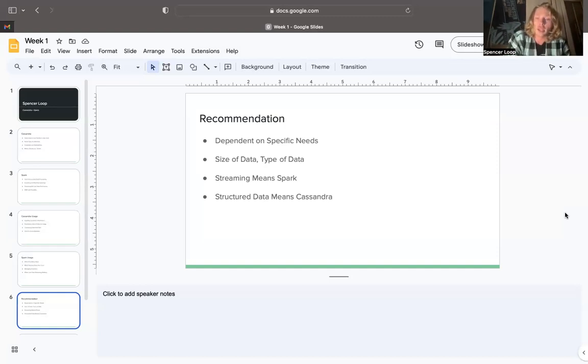One of the absolutes is if you're doing streaming, if you're working with live data, you really need to use Spark. It's almost the industry standard. There are, of course, others that may benefit in other cases, but if you're using live data, my go-to would be to recommend Spark. And on the other side, if you have a lot more structured data, go with Cassandra, because that is one of Spark's shortcomings.